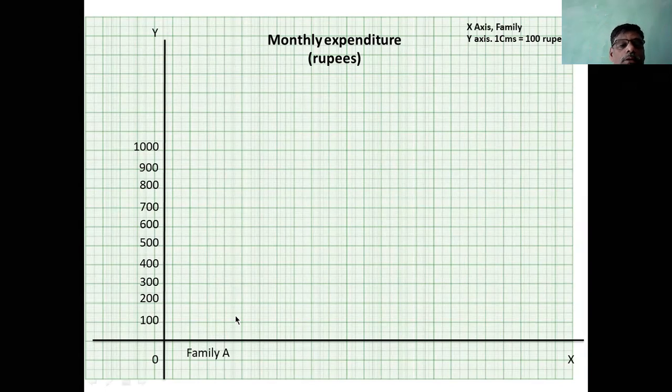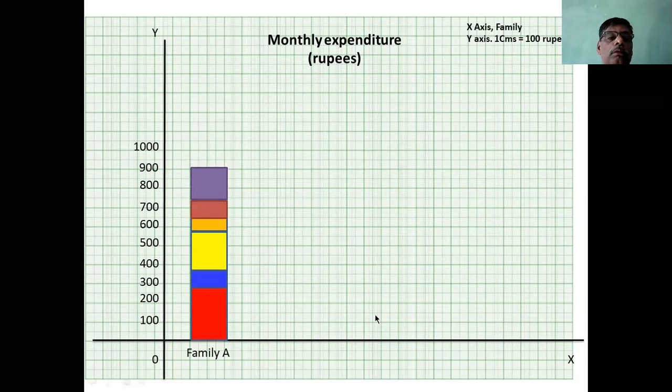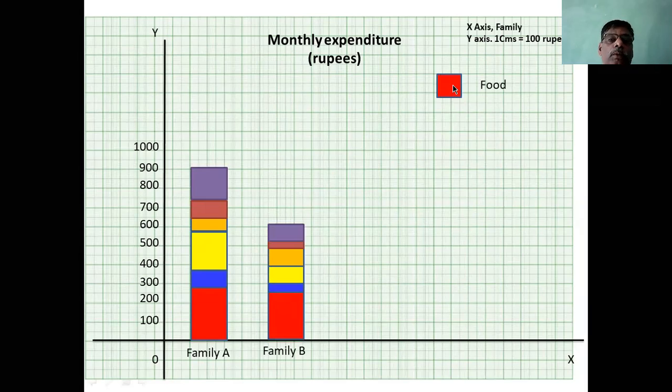On the x-axis, you take Family A. In Family A, first is food, then clothing. In the cumulative value, you mark, and in this way you mark it. The first part you mark is food.